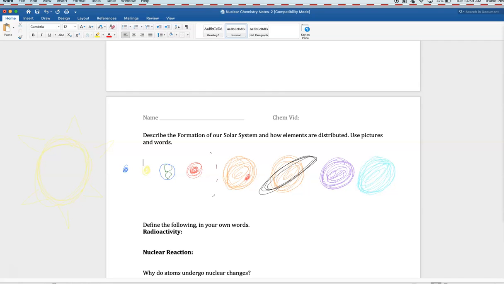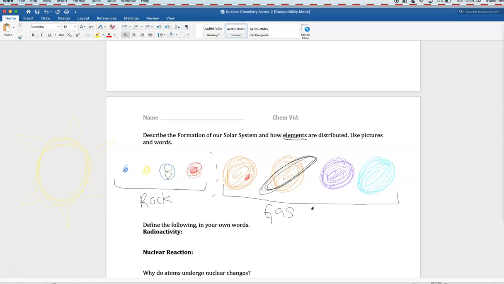So how these guys get pulled in is based on what the elements are made up of. These first four right here, these are what we call the rock planets. They're made up of really dense rock material. These guys out here are known as the gas planets because they are mostly made up of the lighter gaseous material.